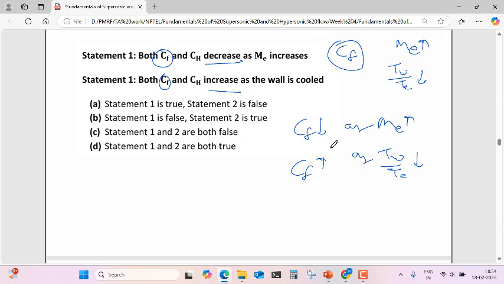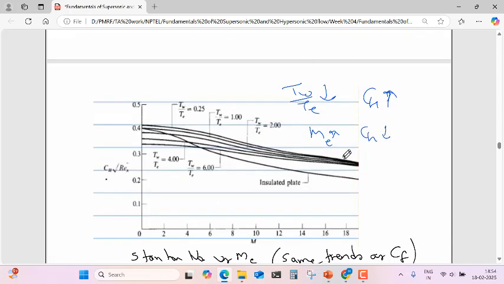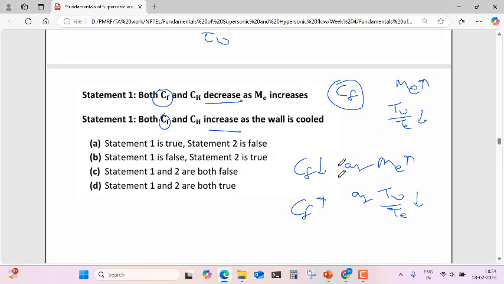So when Me is increasing, Cf and Ch both are decreasing. And when Tw by Te is decreasing, Cf and Ch both are increasing.